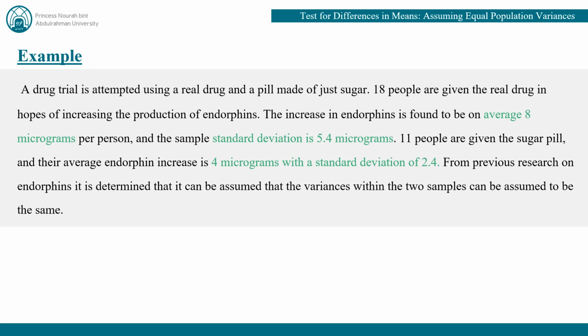The sample standard deviation is 5.4 micrograms. 11 people are given the sugar pill and their average endorphin increase is 4 micrograms with a standard deviation of 2.4.